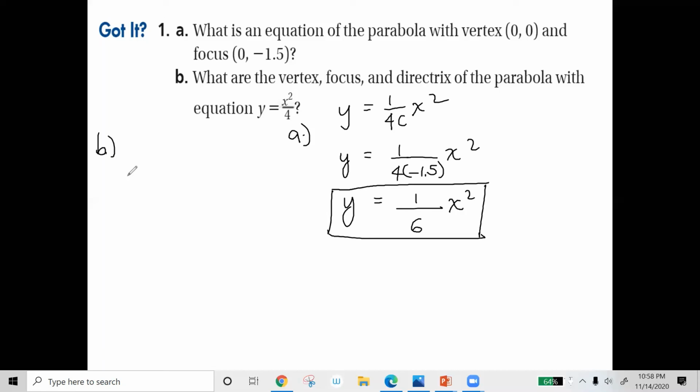Now, write the given, y equals x squared over 4. Okay, what is our a? Our a is 1 over 4. It is positive, so our graph opens upward.